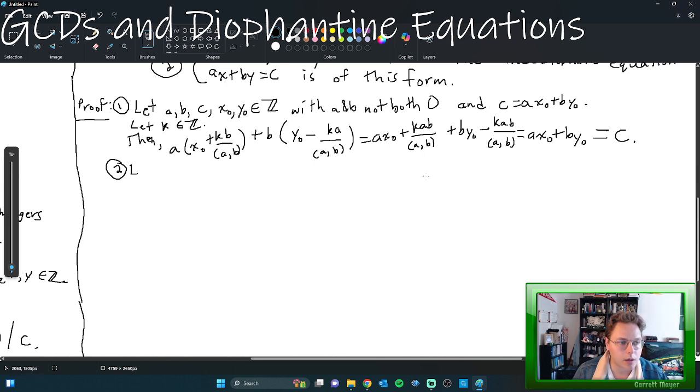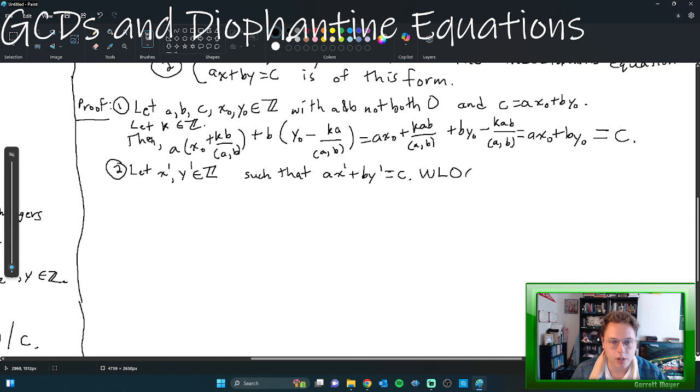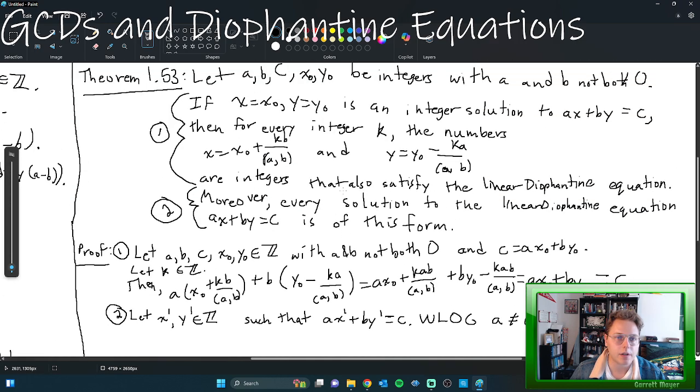So we're going to let x prime, y prime be integers that satisfy the linear Diophantine equation ax prime plus by prime equals c. And then this is going to come in handy later, but what I'm going to do now is just say, without loss of generality, a does not equal 0, because we know one of them is not 0.